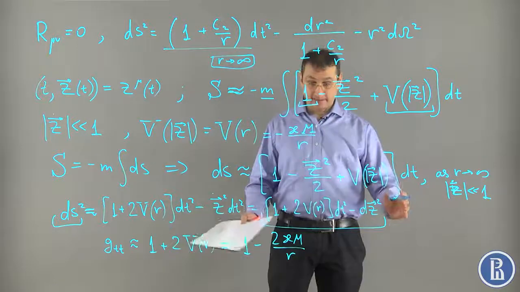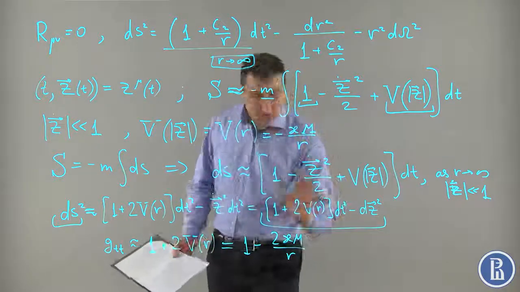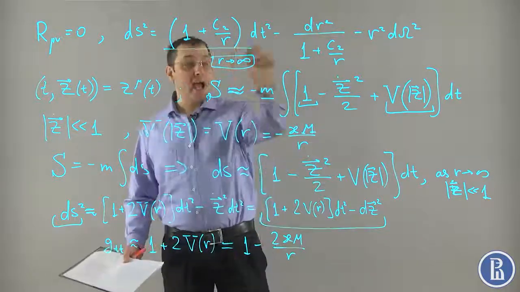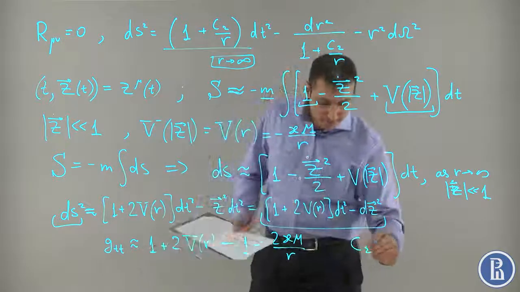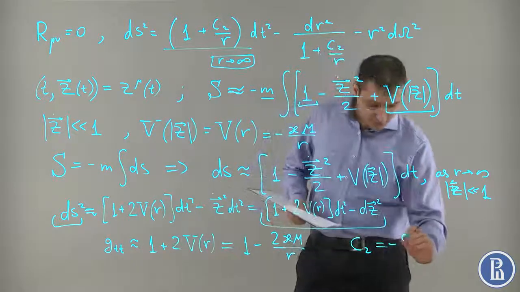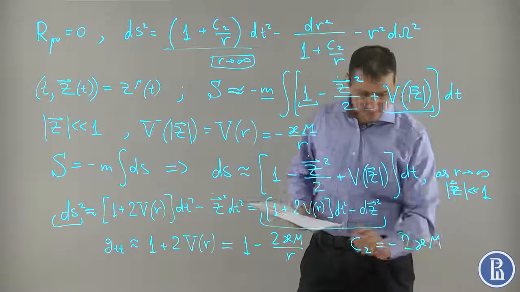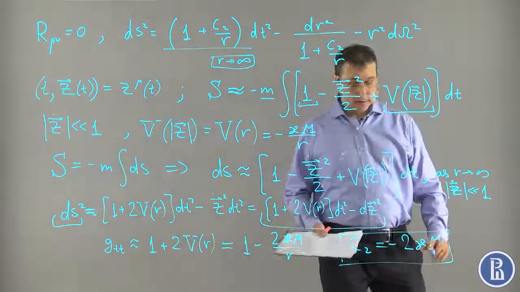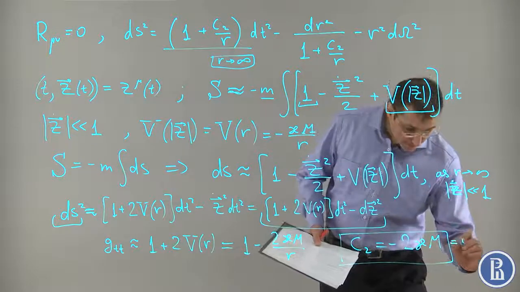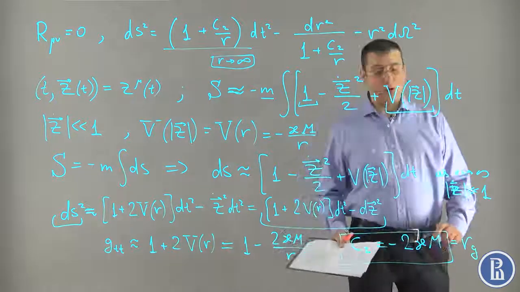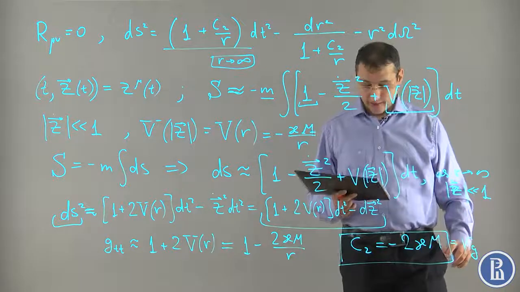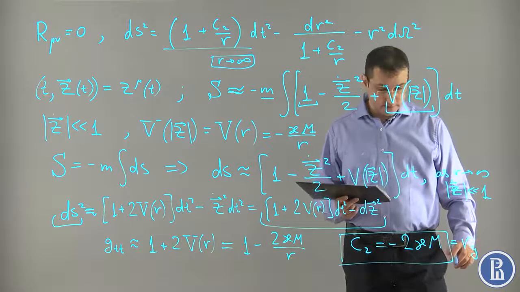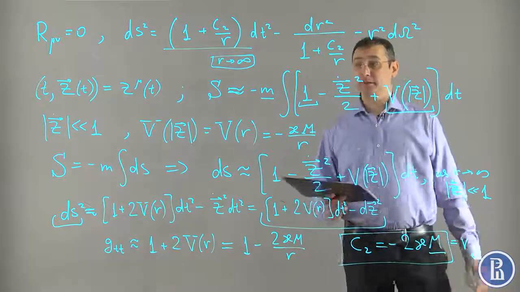Now, to have this be true, we have to have that C2 is equal to minus 2 kappa m. It has also the other name, Rg, and it is called the gravitational radius for the given mass m.